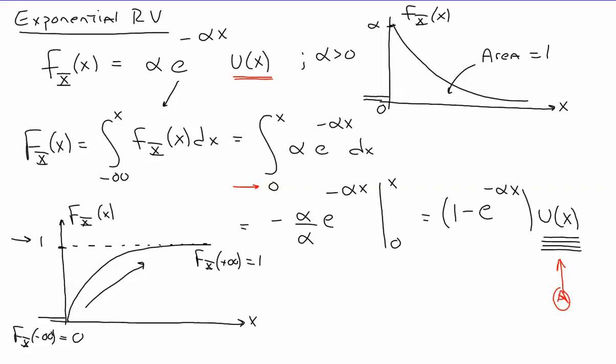Let's look at one final random variable type for today. This one is called the Rayleigh distribution, or Rayleigh random variable. We'll have quite a bit more to say about the Rayleigh random variable a little bit later on.